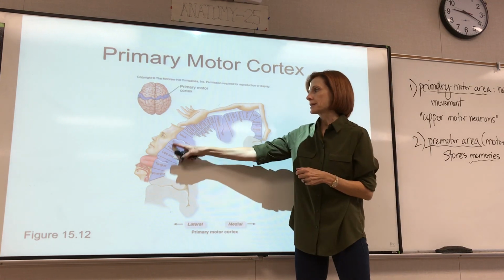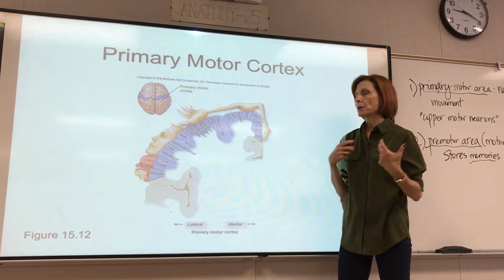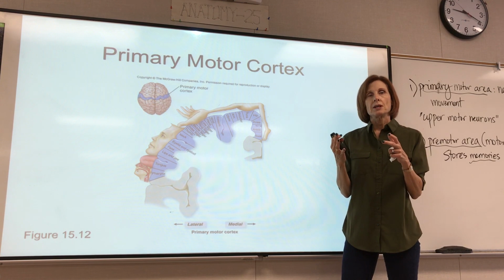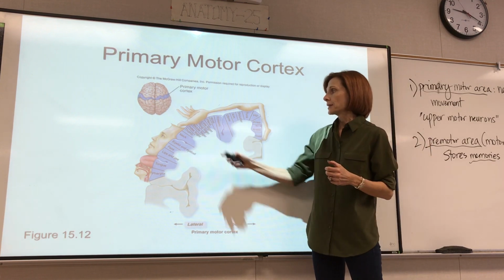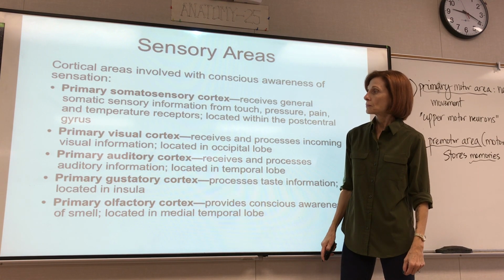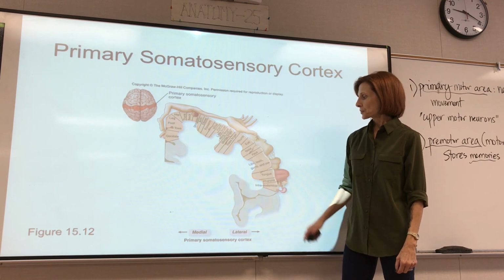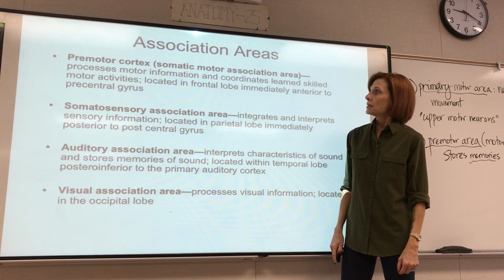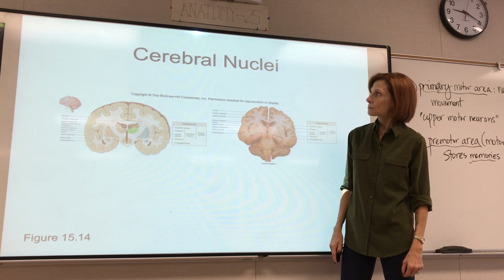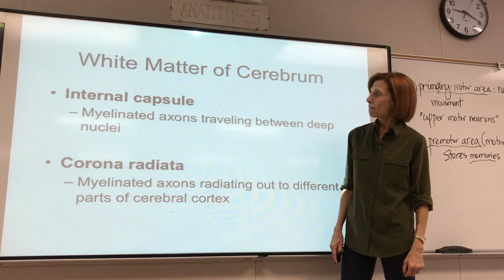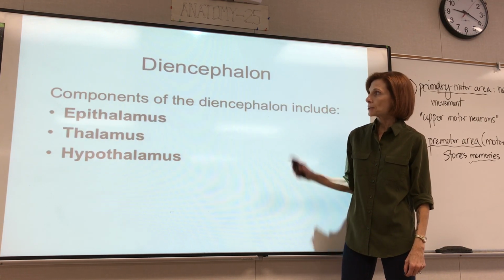That's why the body looks distorted, because different body parts have more representation than others. Same thing with the sensory cortex. This is all stuff we just talked about.